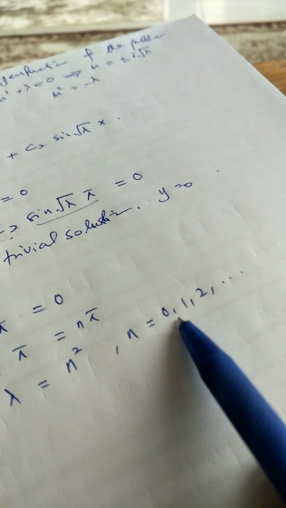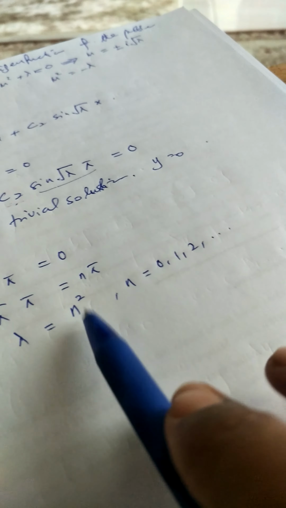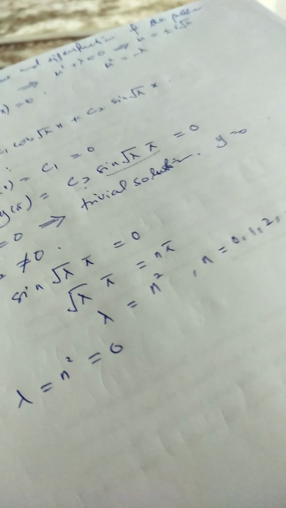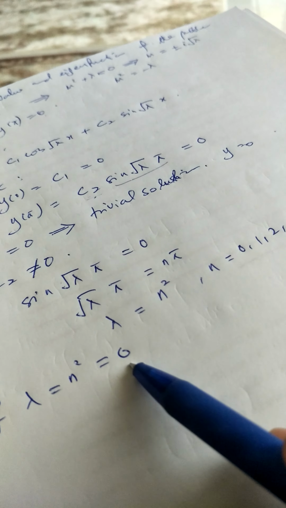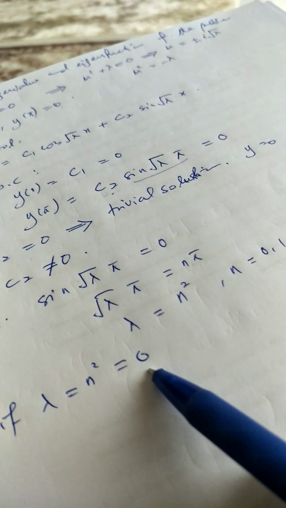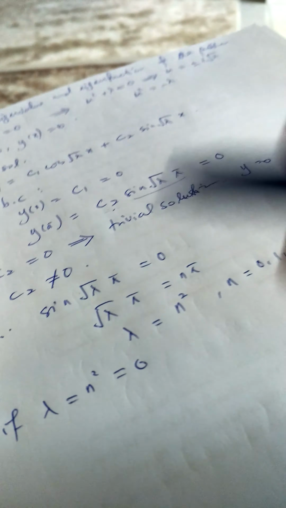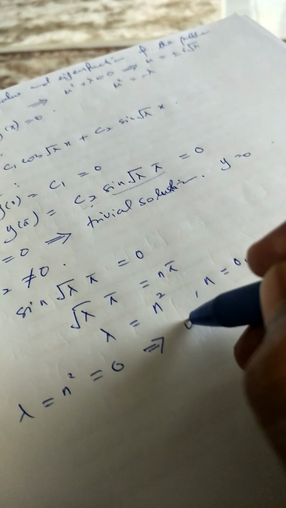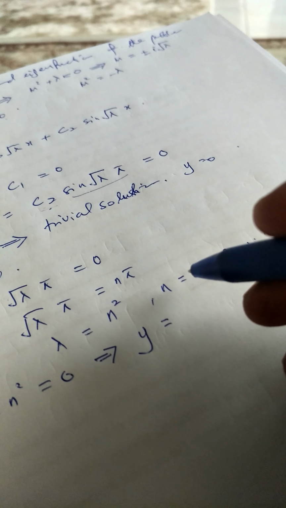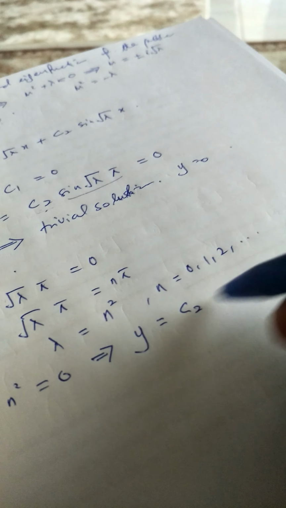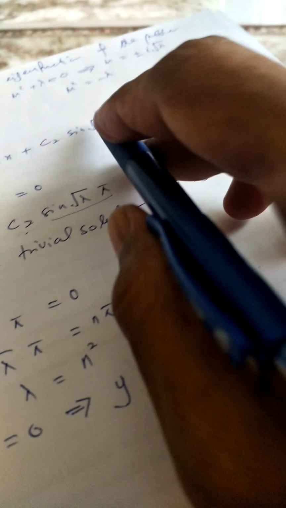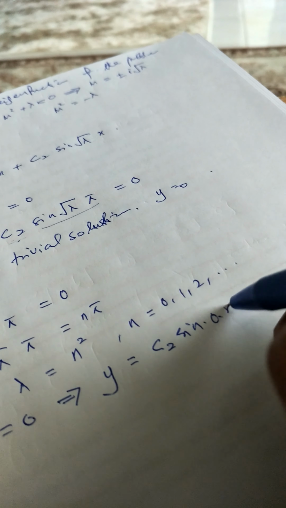Okay, so if n equal to 0, then lambda equal to n squared is 0. Our solution becomes y equal to c2 sin of 0 times x, which gives 0.